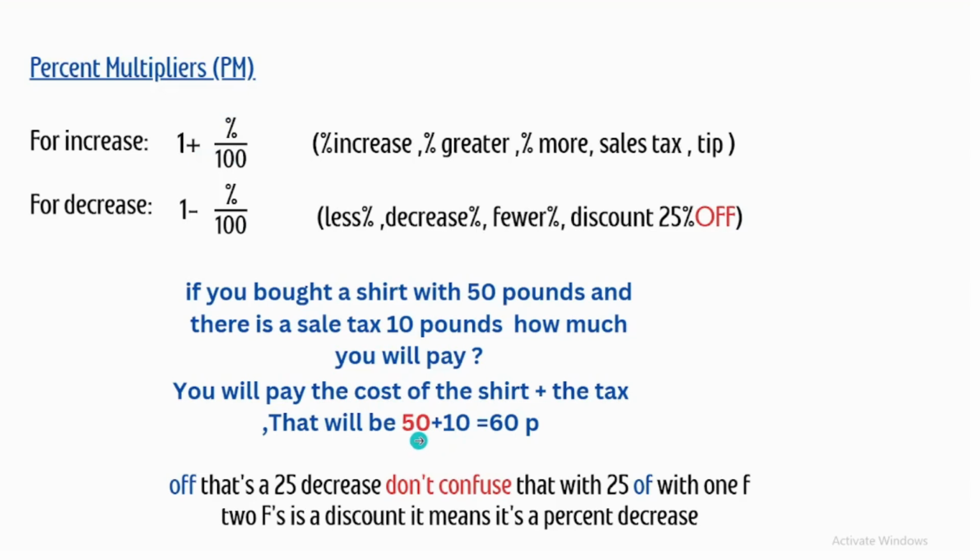When we see an increase or a decrease, we have to put the cost, the original cost. This 1 represents the original cost, and we can add a percent or subtract a percent of this cost. So 1 represents the cost of the product we are dealing with.